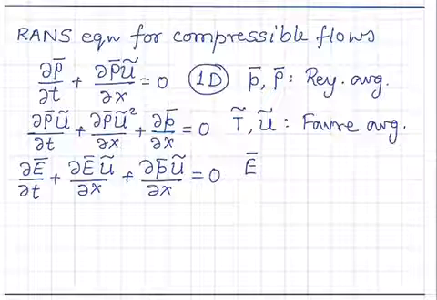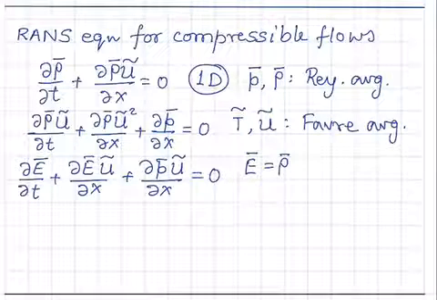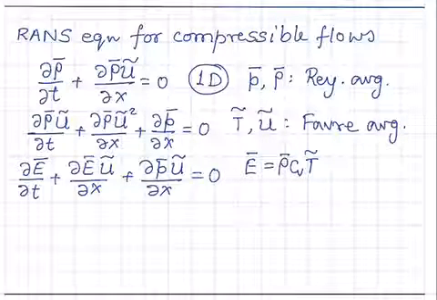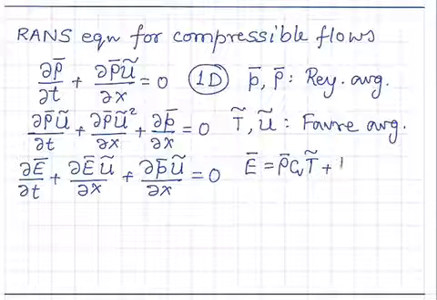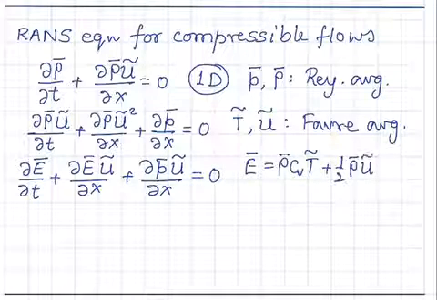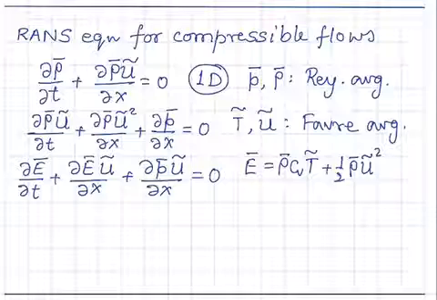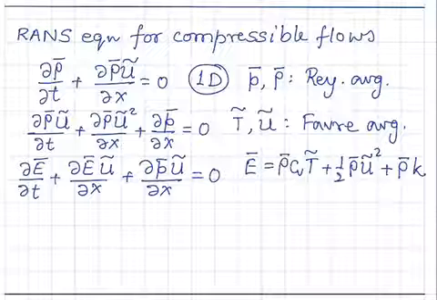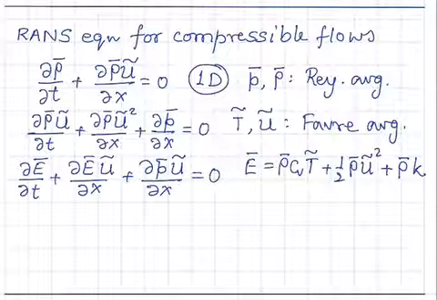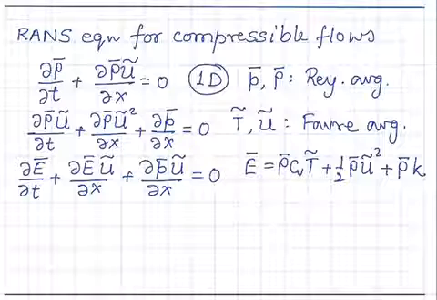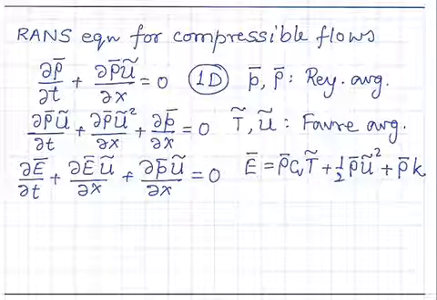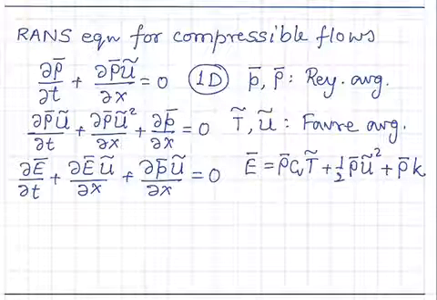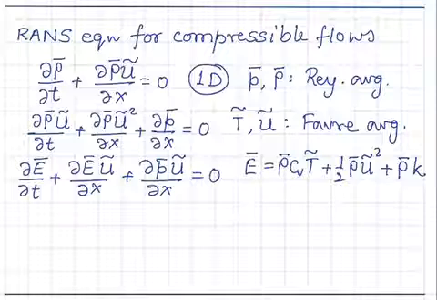Here E bar is defined as rho bar C_V, specific heat at constant volume, times T tilde, the average temperature, plus half rho bar U tilde square, the mean kinetic energy, plus the turbulent kinetic energy, rho bar times K. Each of these 3 terms is the energy per unit volume, so E bar is the mean total energy per unit volume, not the fluctuation.